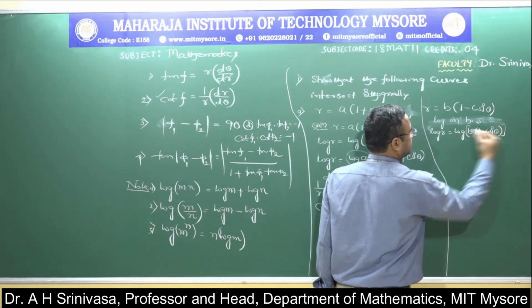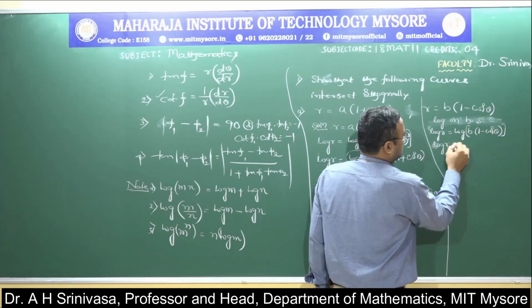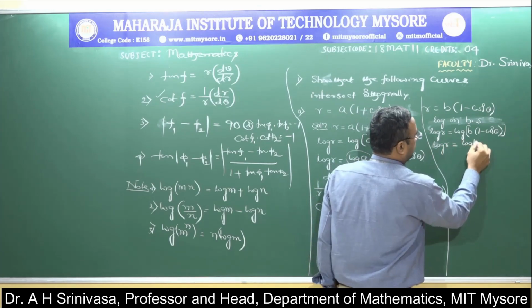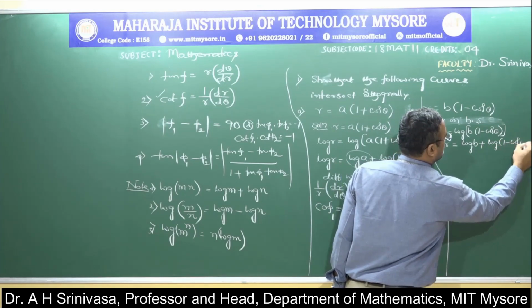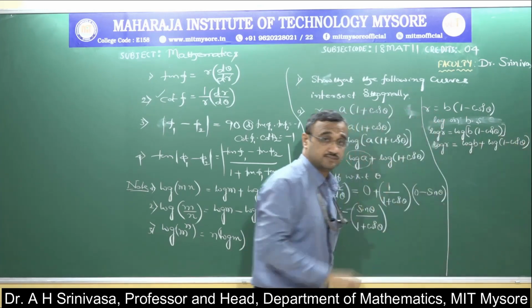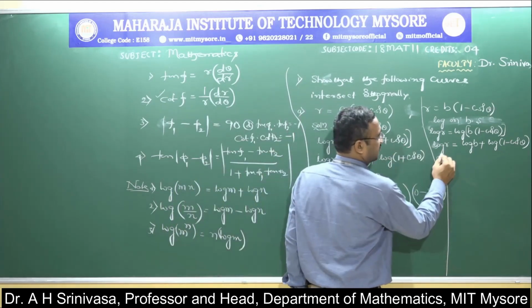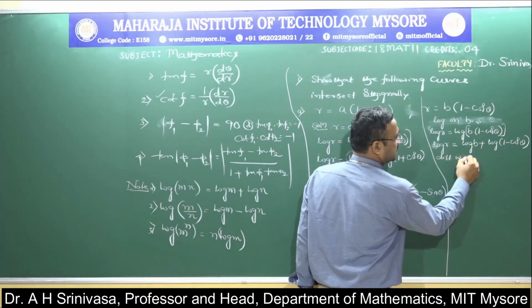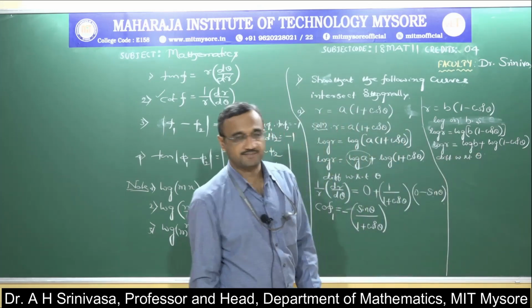Then it becomes log r equal to log b plus the logarithm of 1 minus cos theta. Is it clear? Now I am going to differentiate this one with respect to theta.